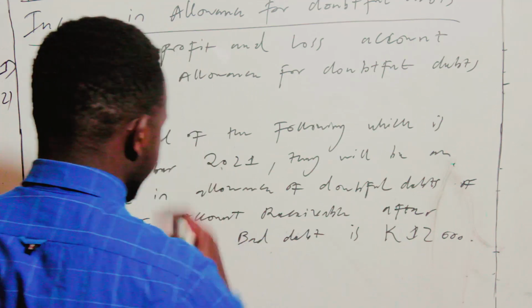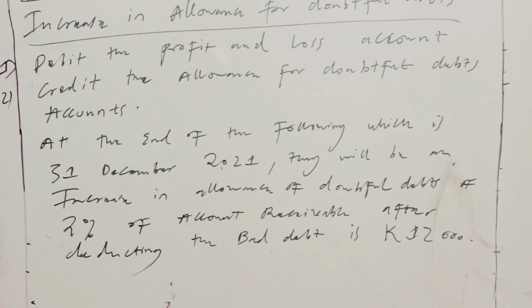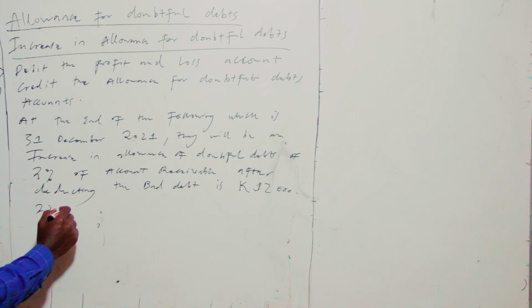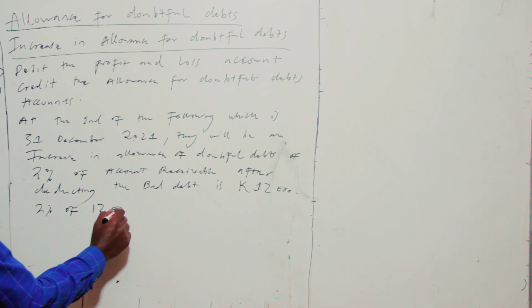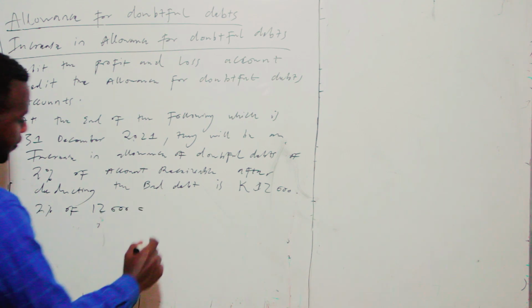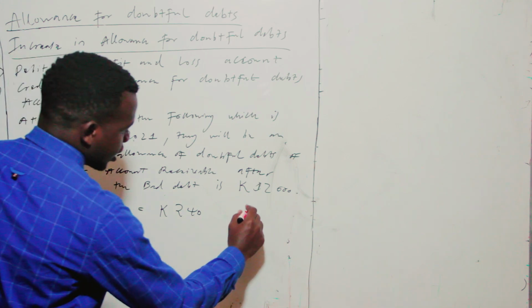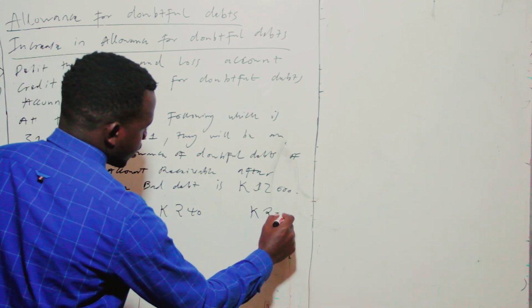So how do we show those transactions? The first thing we're going to do is say 2% of 12,000 gives 240 kwacha, and at first we had 200 kwacha.